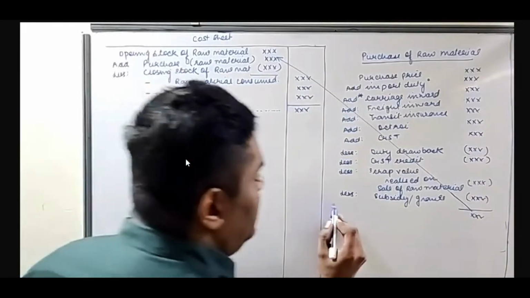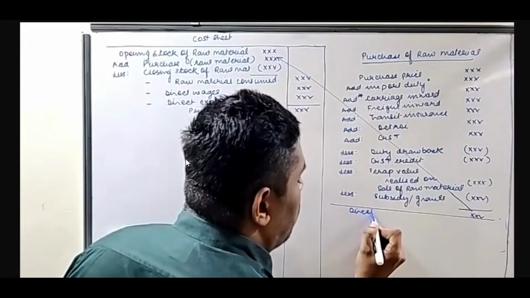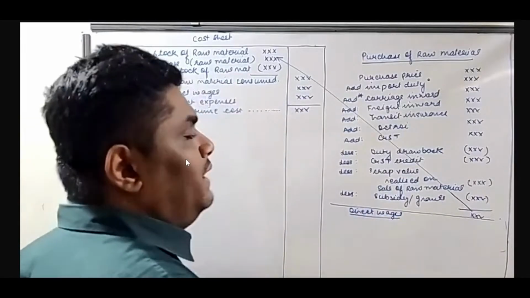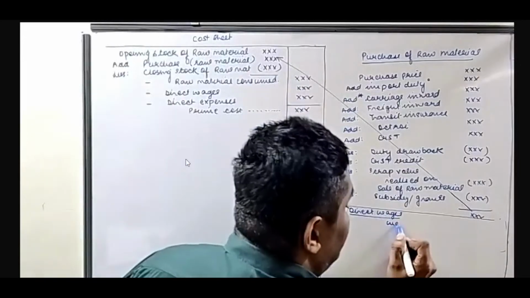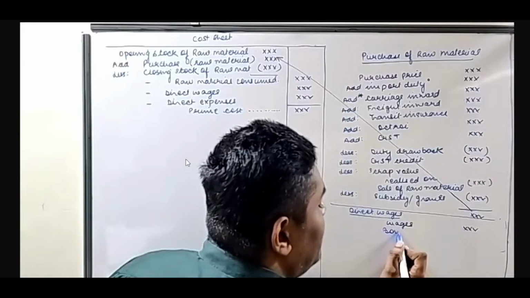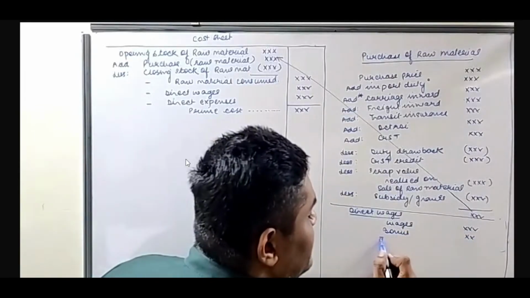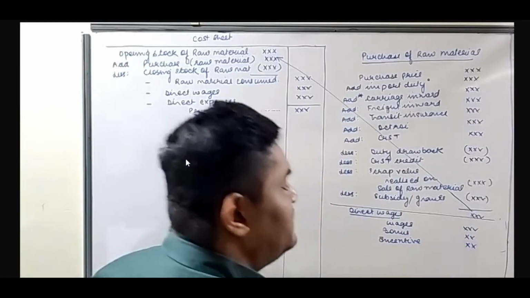Now, when talking about direct wages also, the wages paid, if we are giving them any bonus, it will form part of direct wages. If we are giving any incentive, it will form part of direct wages.